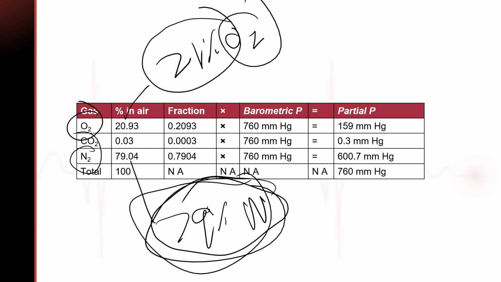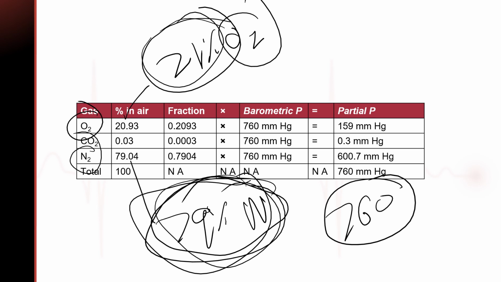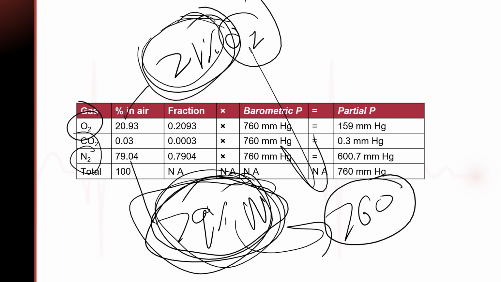So now what does all of this mean? Again, if you've lost track, what we're trying to figure out here are partial pressures. We want to know oxygen and nitrogen's partial contribution to the total air pressure. We're not really interested in nitrogen, but we'll do it mathematically anyways. We know that total air pressure at sea level is 760 millimeters of mercury, and we want to know how much oxygen contributes to that total pressure, and how much nitrogen contributes to that total pressure.